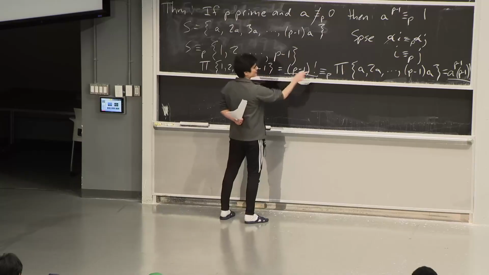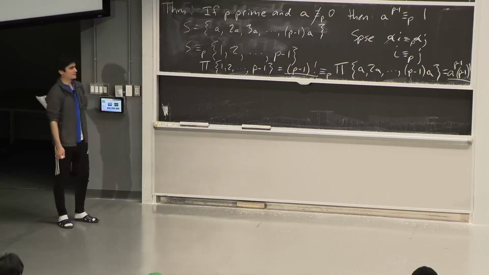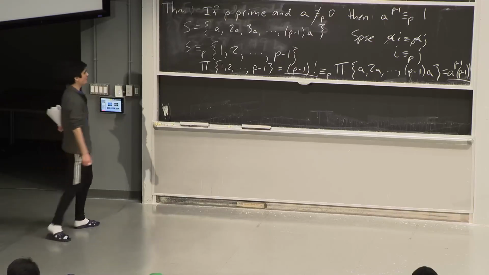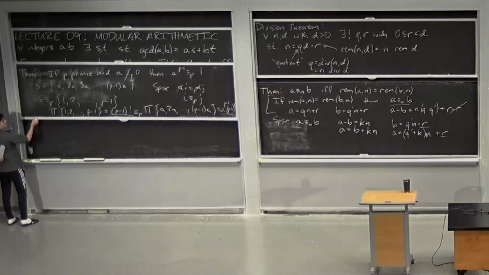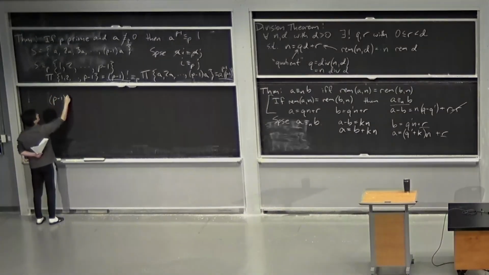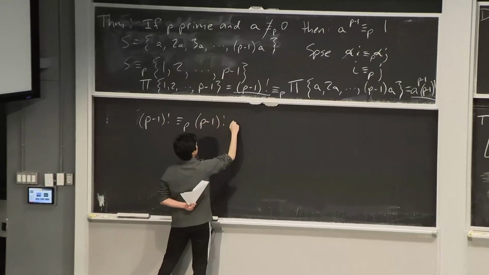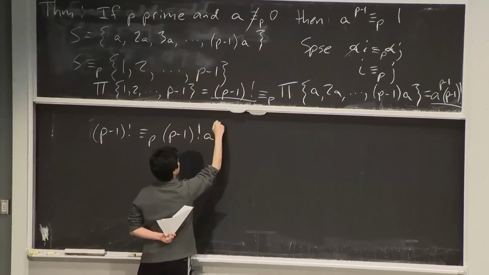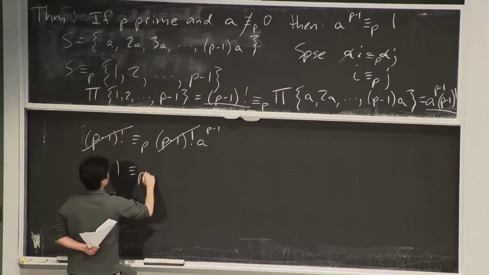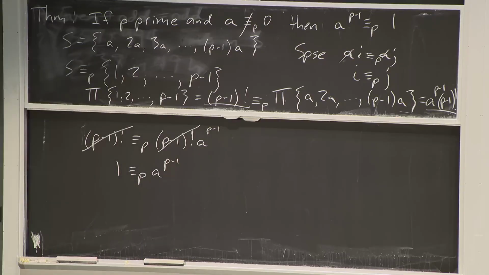So that means that we can cancel it from both sides. We have p minus 1 factorial congruent mod p to p minus 1 factorial times a to the p minus 1. These cancel, and we have 1 is congruent to a to the p minus 1.